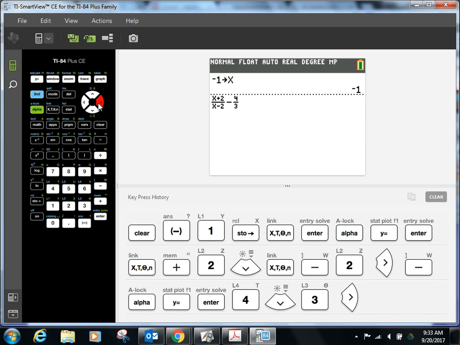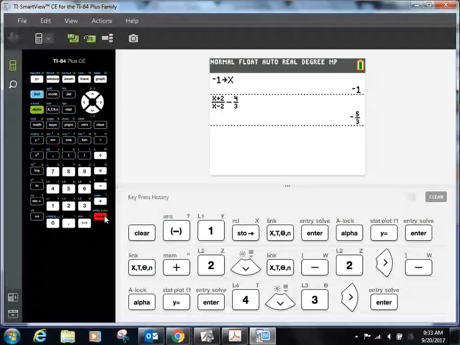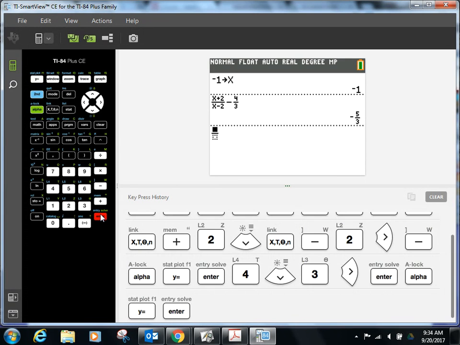Can we all put that into the calculator with the fraction templates? Because I will show you how to do it. Equals, it gives me an answer. So that left side equals negative 5/3. I want to make sure the right side of the equal sign also equals negative 5/3. So now I'm going to type in alpha y equals, what am I going to plug in now?